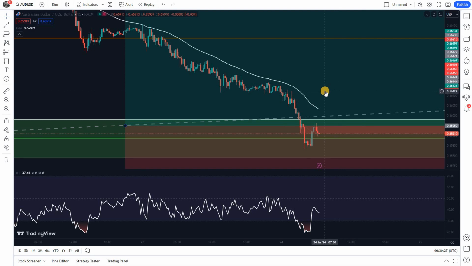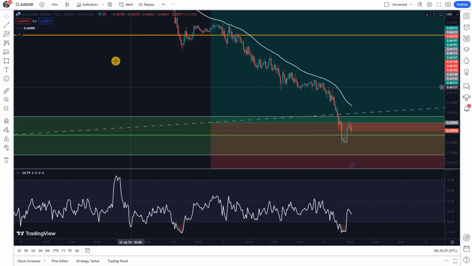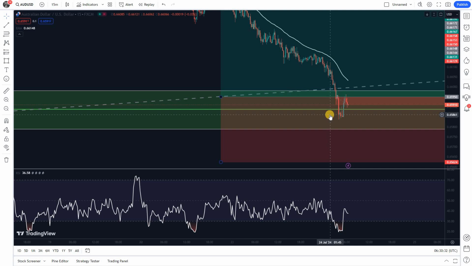I'm just showing you how I do this. Most of the time I see a double bottom or double top in the markets, or I see the head and shoulders pattern, and then I'll enter in this area.